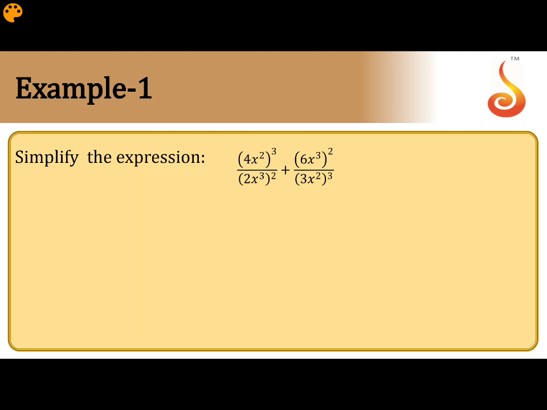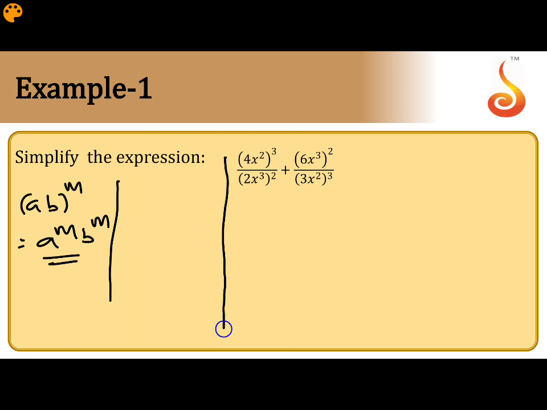Read the question. 4x square whole cube divided by 2x cube whole square plus 6x cube whole square by 3x square whole cube. So just now we discussed the property ab whole power m is a power m into b power m. That is one property. So which you can use in solving this question. The first thing you have to apply every time is like this.